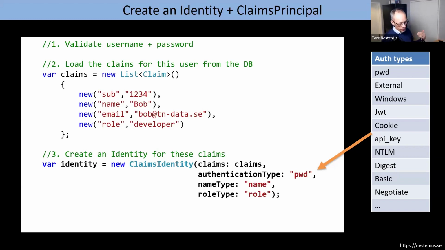Was it smart cards? Was it username and password? Was it using certificates or Windows authentication? Because that can be important when you do authorization later on, how the user authenticated.